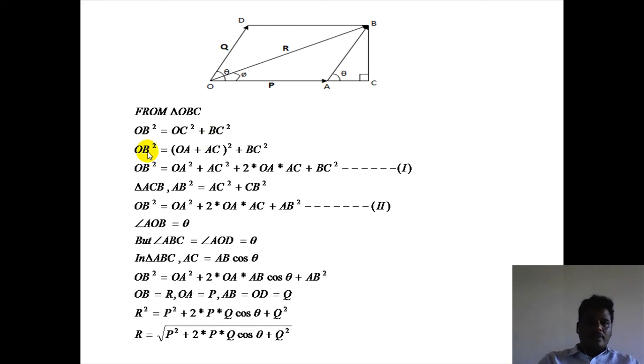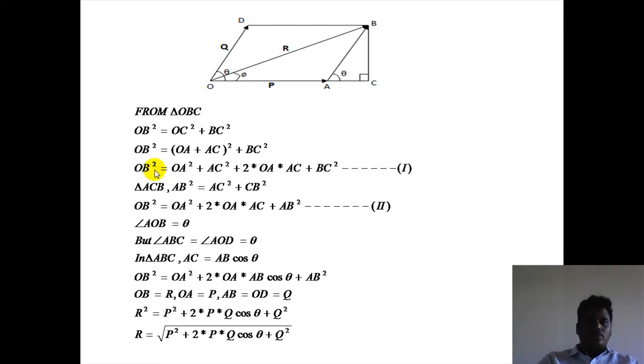From that, OB square is equals to, I am writing in place of OC, OA plus AC. OC can be written as the summation of OA plus AC. OB square is equals to (OA plus AC) whole square plus BC square.